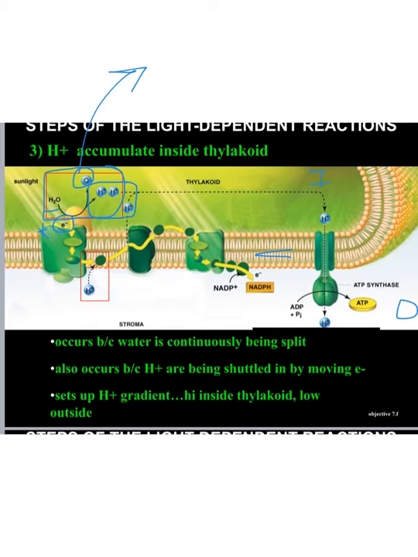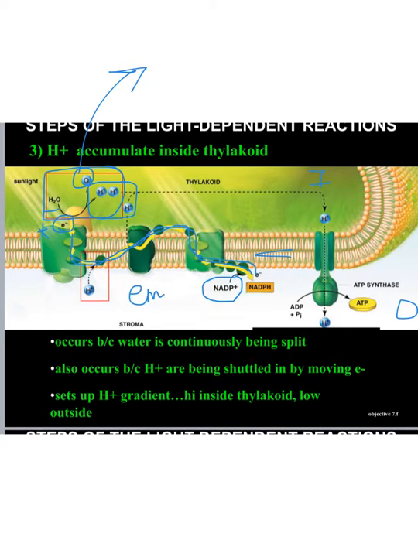The electron is going to start bouncing down through this chain of membrane proteins, just like we kind of talked about in electron transfer phosphorylation in cellular respiration. You can sort of think about it as an electron sort of bouncing down some steps, or like a ball bouncing down steps. So that's exactly what it's doing here. As the electron flows through these proteins, flows down through this membrane, when it gets to the end or the bottom of the steps, there is this molecule NADP plus waiting for it.